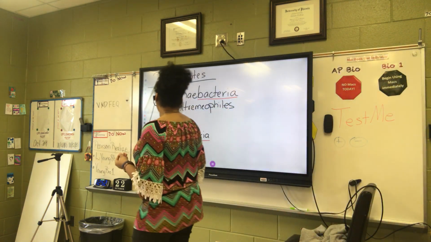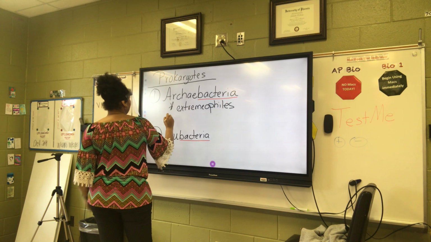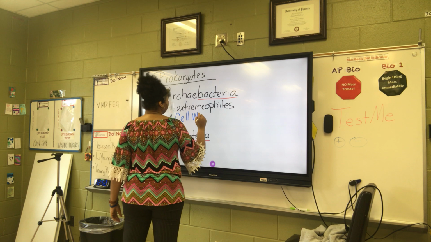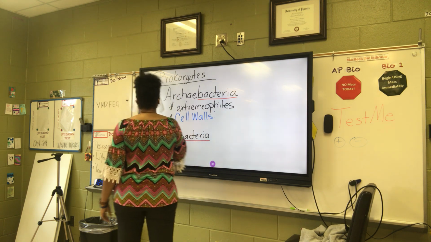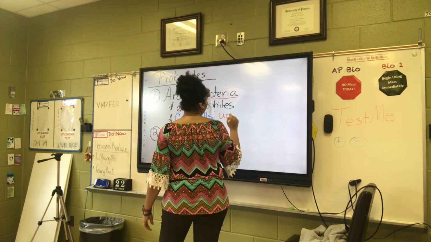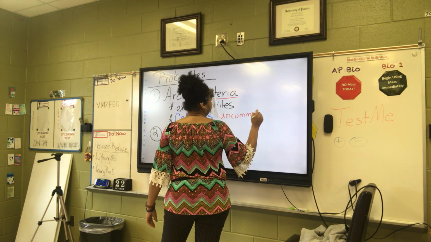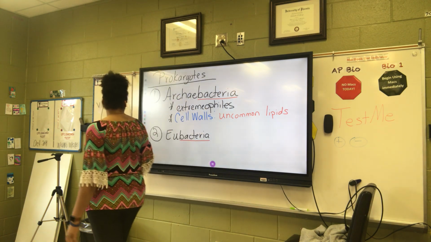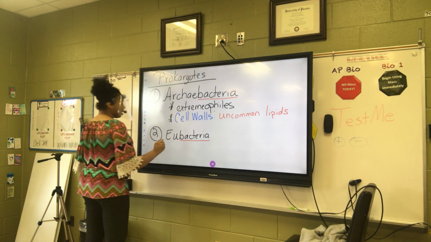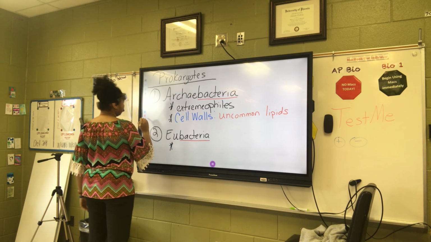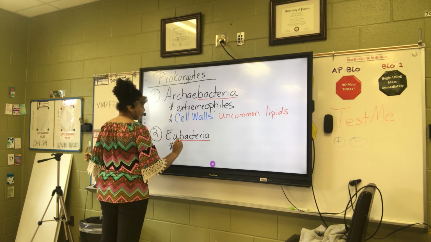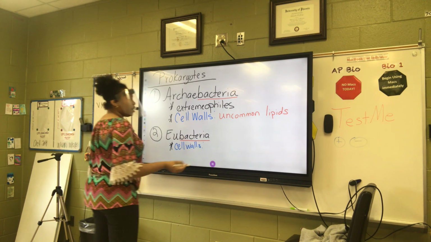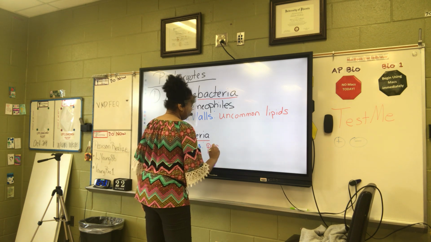Now, another difference between these bacteria and these is what the cell walls are made of. They have cell walls, but their cell walls are going to be made of some uncommon lipids. Now, our other friends down here, their cell walls, big word coming at you, are made of what we call peptidoglycan. I'm writing it down.